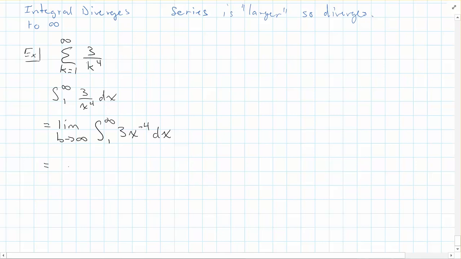Which is equal to, well, this would be the limit as b goes to infinity, and if I add 1, that would be negative 3, so this would be negative x to the negative 3. Wait, these shouldn't be infinities.